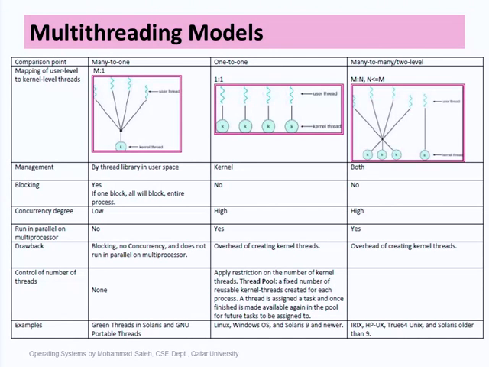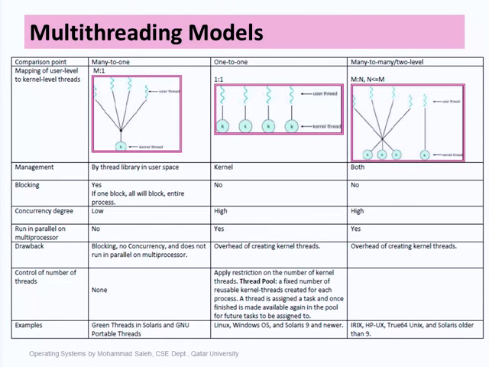So that kind of mapping differs. Some systems map multiple user threads into one kernel thread. Others have each user thread mapped to one kernel thread. So whatever you do at the user or application level is what is reflected in the kernel.